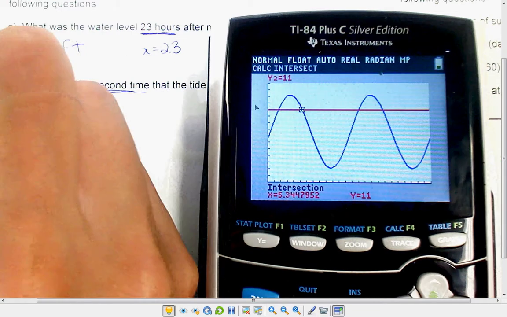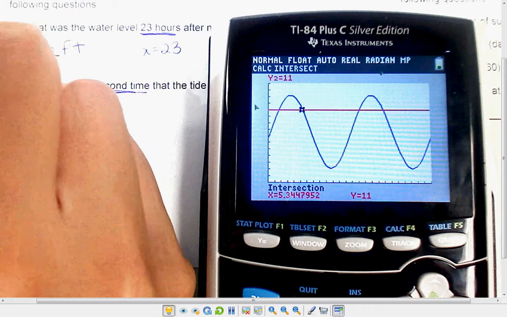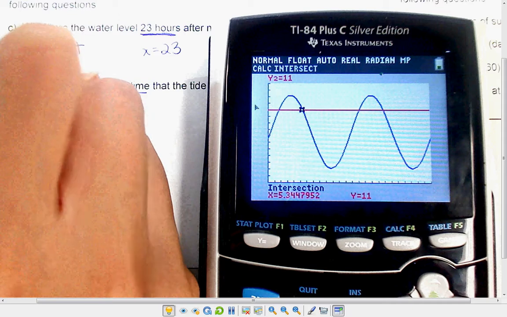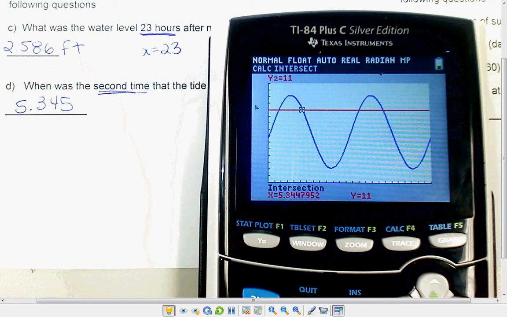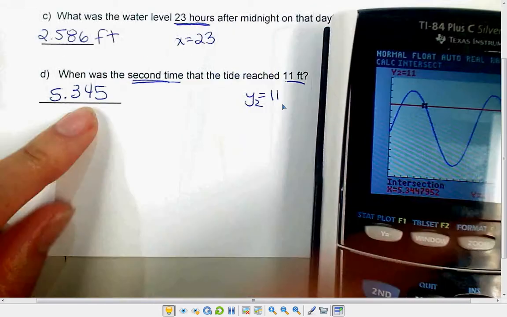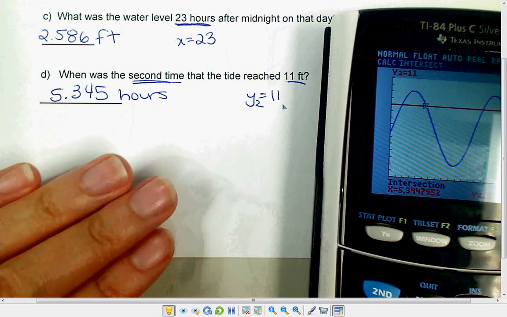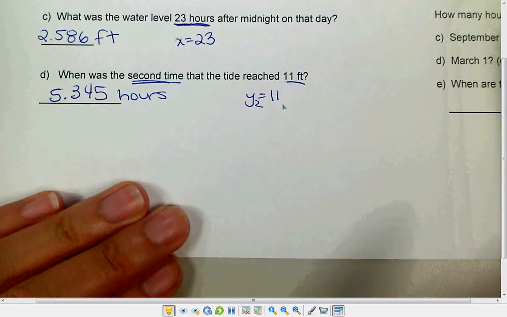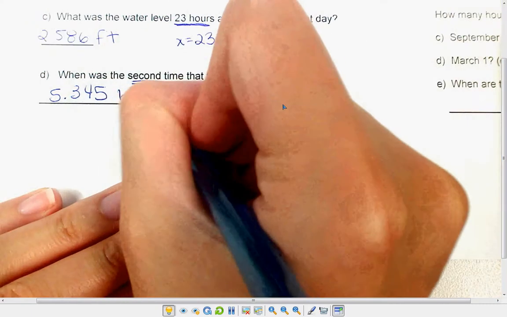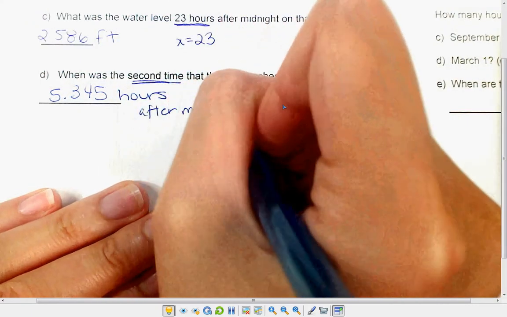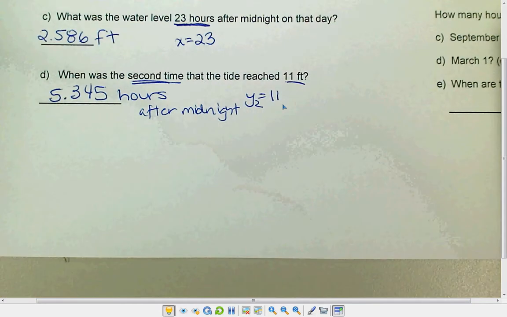So my answer is the x value, which is 5.345. We're going to round that. And because this is your x value, this is a units of hours. And this is hours after midnight. Cool.